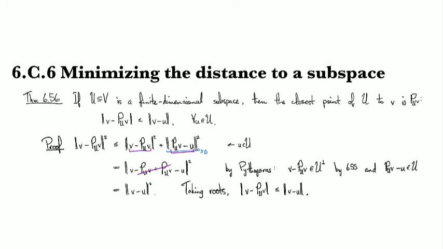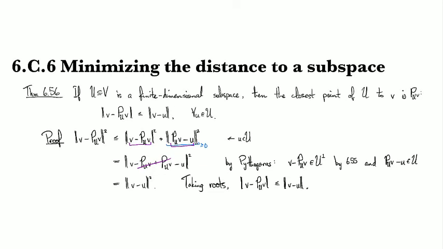And now, in order to establish the last point, that the closest point is PUV, the closest indicates sort of a uniqueness claim. So notice that the inequality in this step is an equality if and only if PUV minus U is equal to 0.